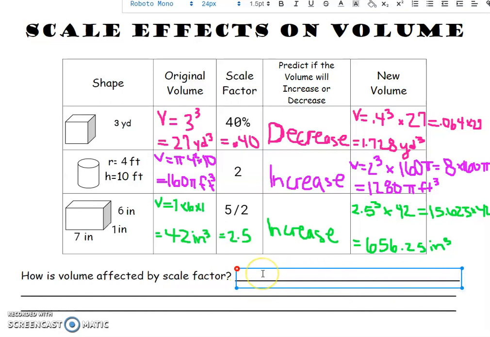Okay. Well, the volume either increases or decreases.